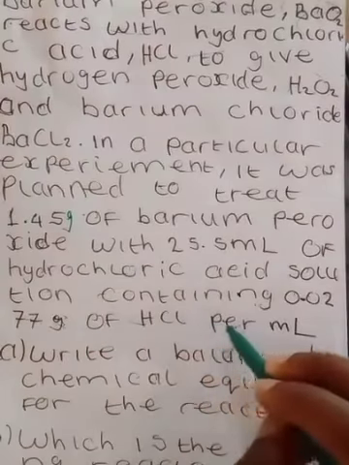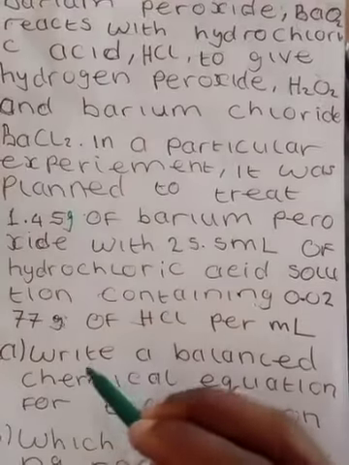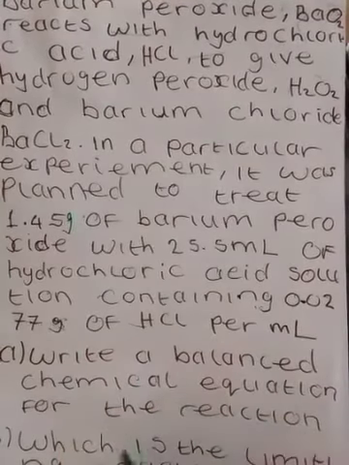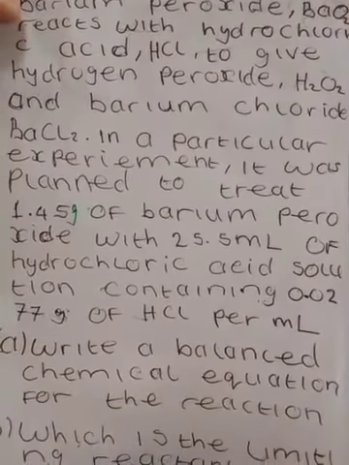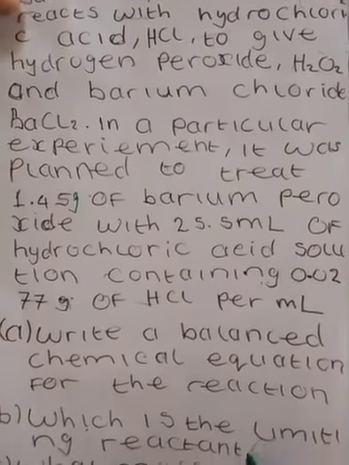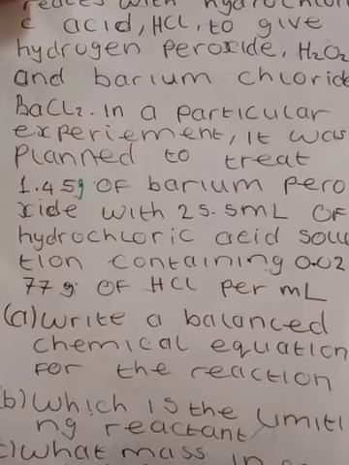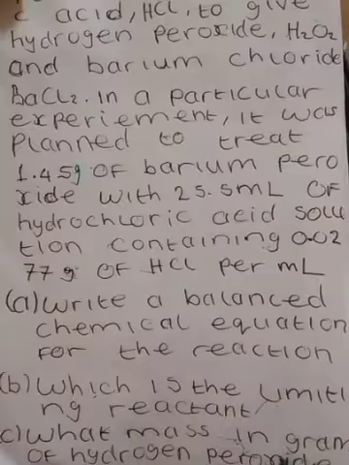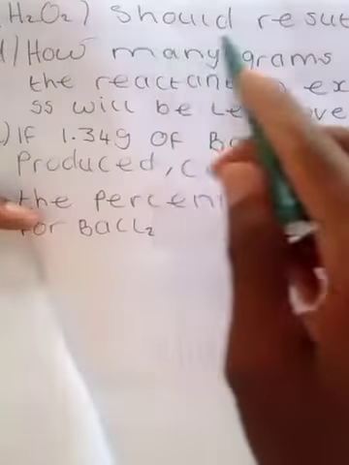Okay, so now they're saying that first write the balanced chemical equation for the reaction, and then secondly, which one is the limiting reagent or reactant. For question C, what mass in grams of hydrogen peroxide, which is represented by this formula, should result.